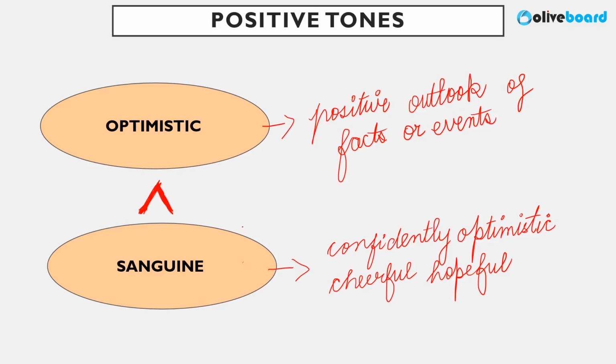You are extremely hopeful, cheerfully hopeful, very extremely positive. So at times this can be unrealistic also. Even if the situation is worse, you are still hopeful. So basically you are not very realistic, you can say this.